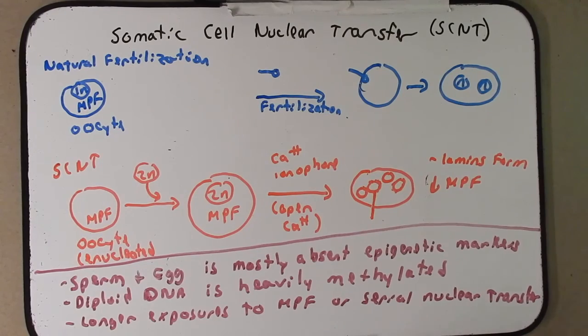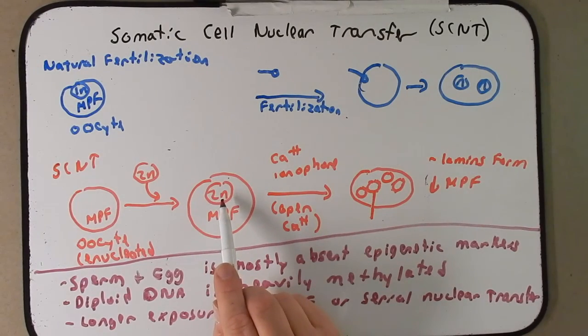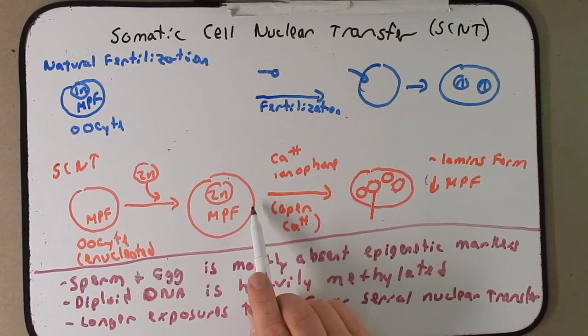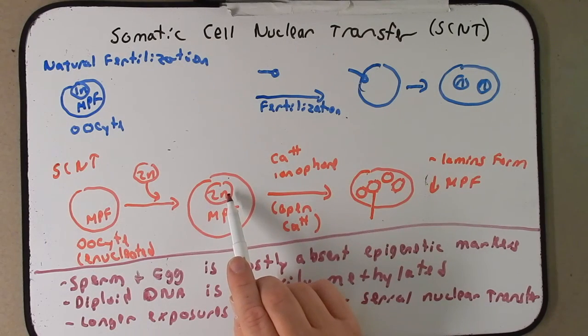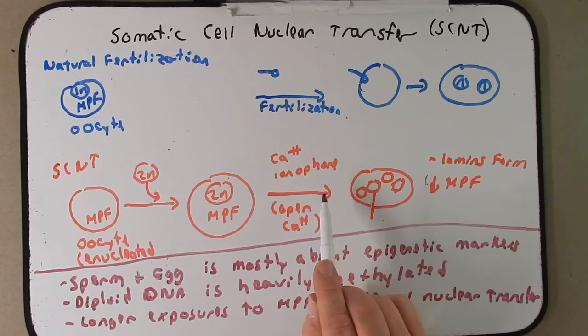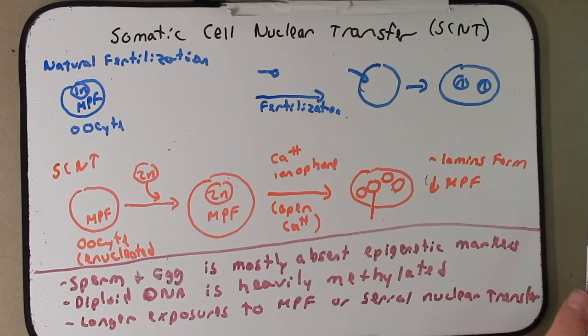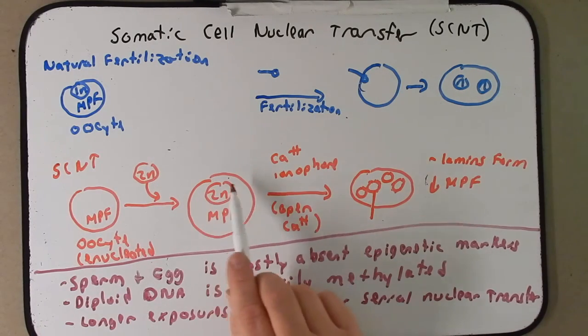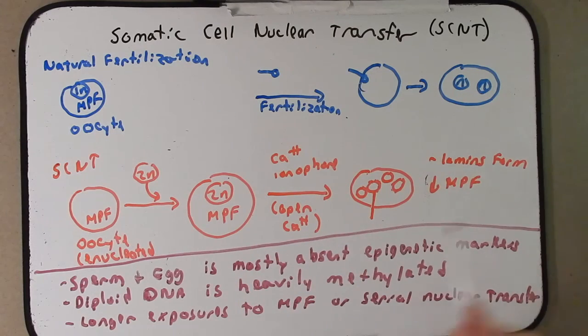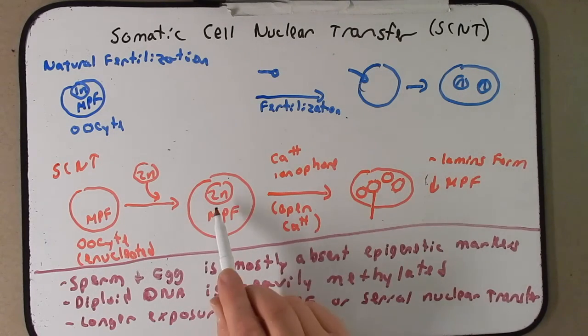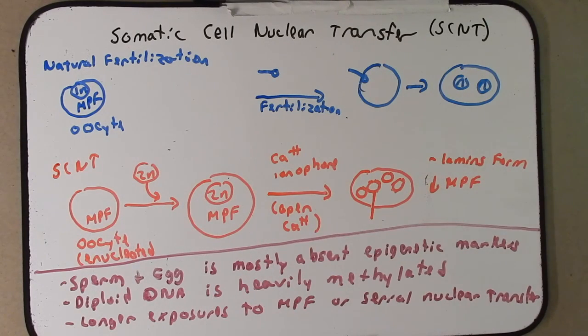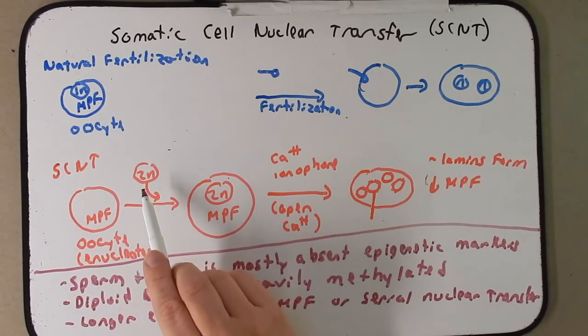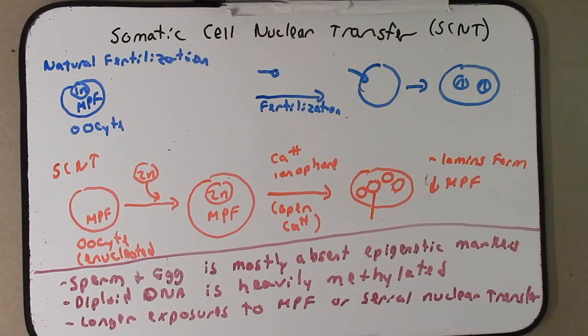And what I mean by that is if you add the diploid nucleus here and let it sit for a certain amount of time, you remove this nucleus and add it to a new oocyte, and repeat that a few times. That continuous and prolonged exposure to the different cytoplasms of different oocytes somehow helps to demethylate the DNA found in this donor nucleus.